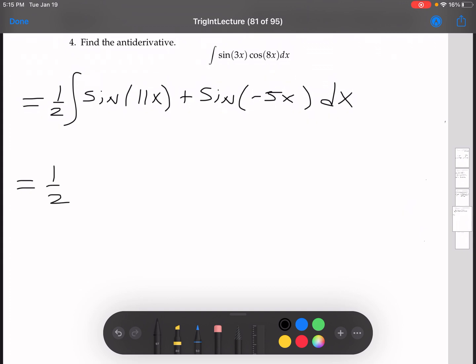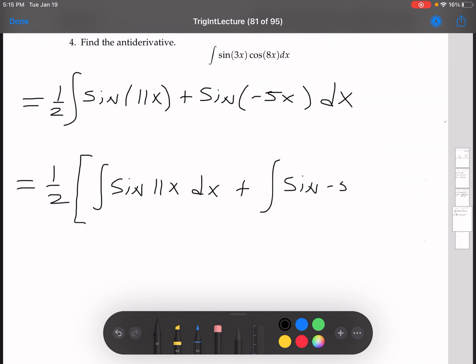And now, let's see, you could split it up. Let's just leave this 1/2 up there. Now we'll say integral of sine 11x dx plus the integral of sine negative 5x dx.